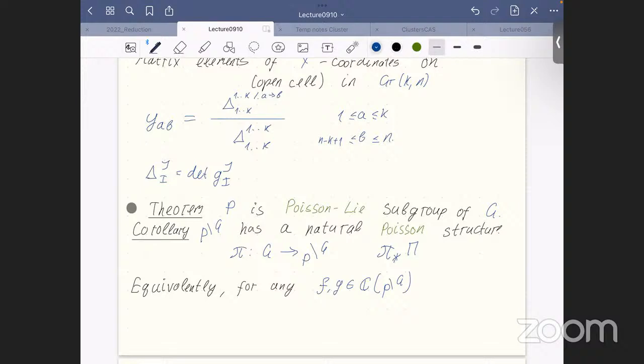We can take the pre-images pi star of f and pi star of g, and compute the Poisson bracket. The property is that this Poisson bracket is some rational function of g, and this function will be pi invariant.